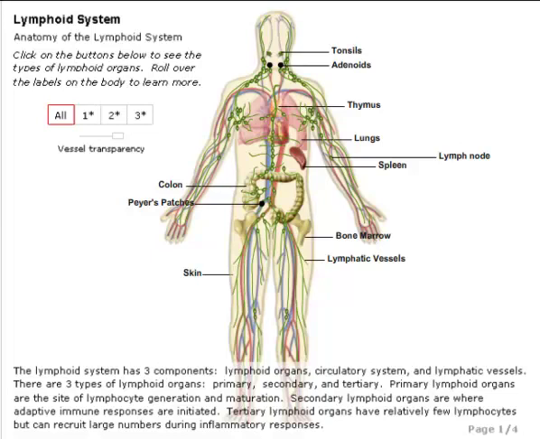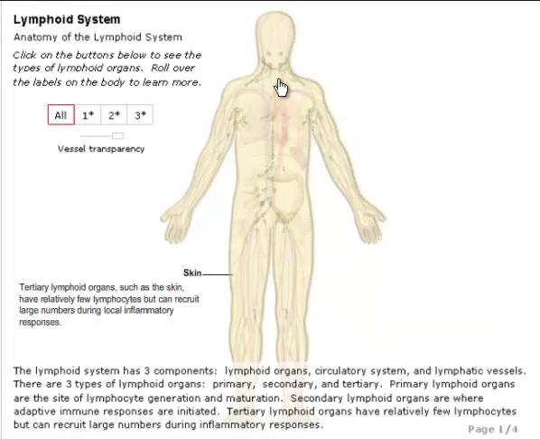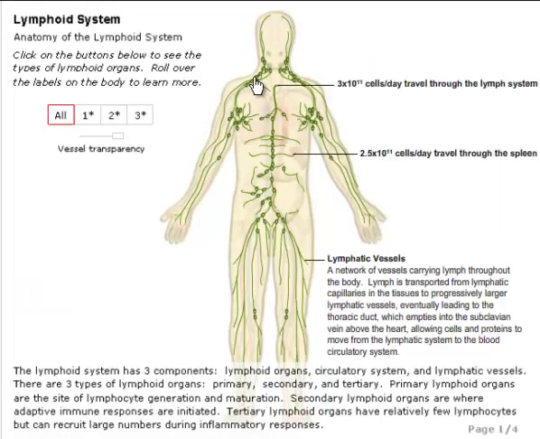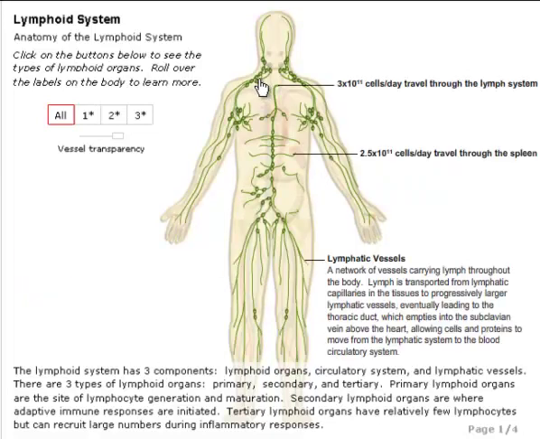In talking about the adaptive immune response, we need to get just an overall feel for the anatomy of our lymphoid system. We've already taken a look at the lymph system, and this is a very cool page on this website. This is also the Stanford website that we've been using, so it's posted in this week's class.